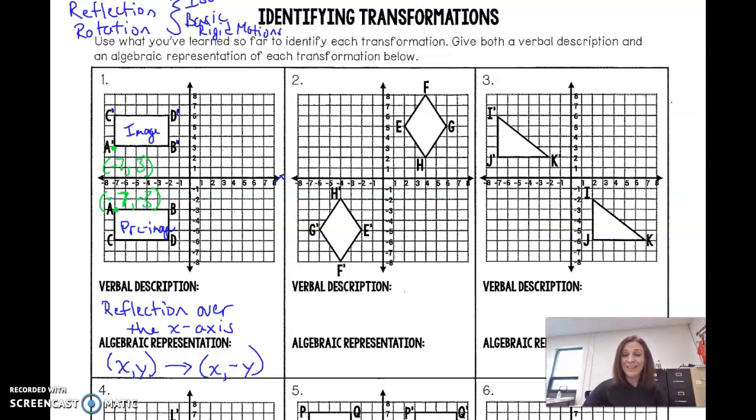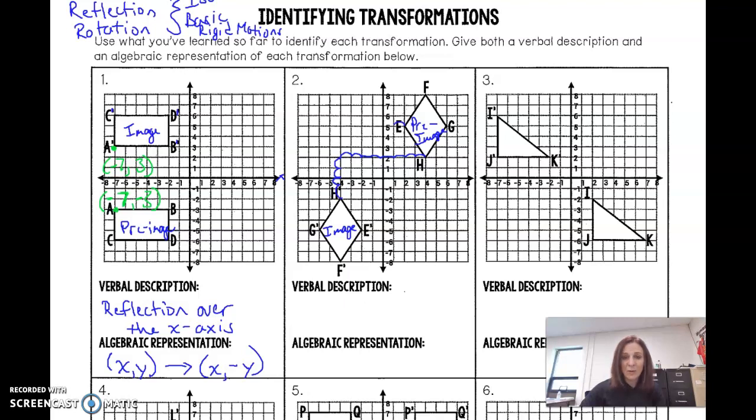All right, so again, this can be a translation. I can take H right here. Nope, I'm sorry, pre-image. I got to be careful about that. Image. How do I know it's the image? It's got the prime sides, right? So from here to here, I could take H and go 8 to the left, 4 down.